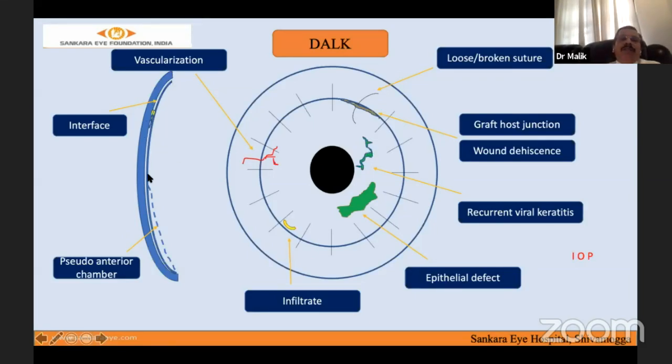And look at the interface. Interface is the place between the donor cornea and recipient cornea. There can be interface haze, or there can be infiltrate there, and sometimes the Descemet membrane would have detached, and that may cause a pseudo anterior chamber. And the most important thing is we have to check the intraocular pressure in these patients at every visit.